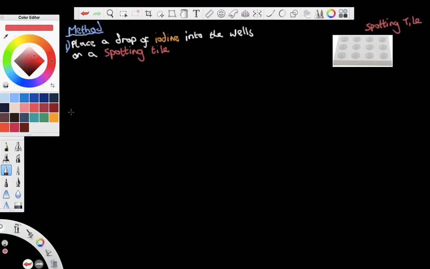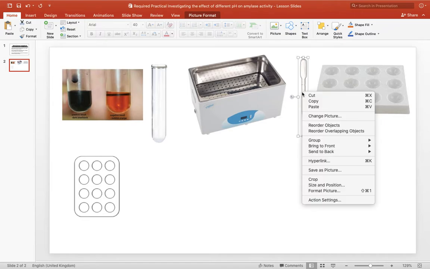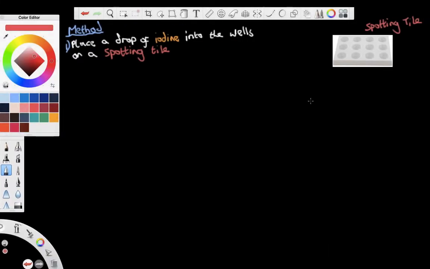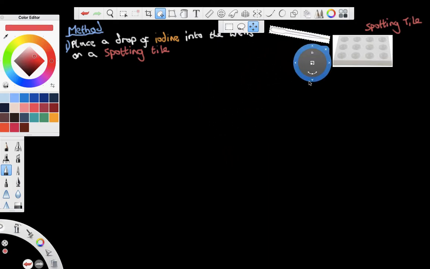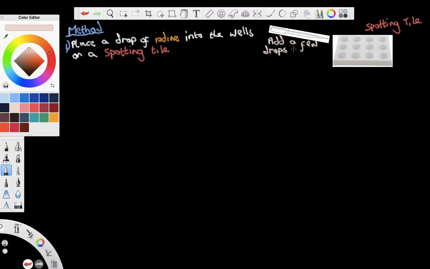And I'm going to use a pipette to put a drop of iodine into each well. So I'm going to put my pipette there, and right next to it add a few drops of iodine to each well.